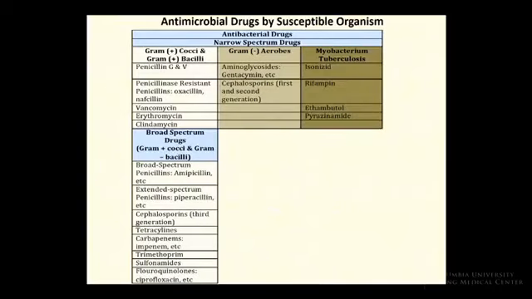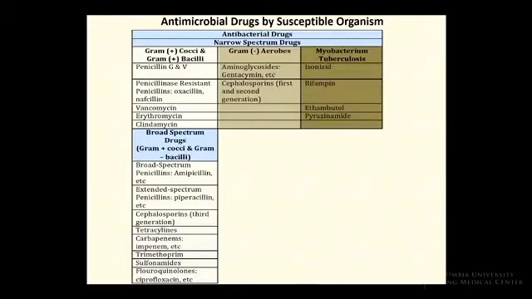So by susceptible organism, the first label here is antibacterial drugs. Right, so every drug on this slide is an antibacterial drug. Then we have the subcategory of narrow spectrum versus broad spectrum. Okay?